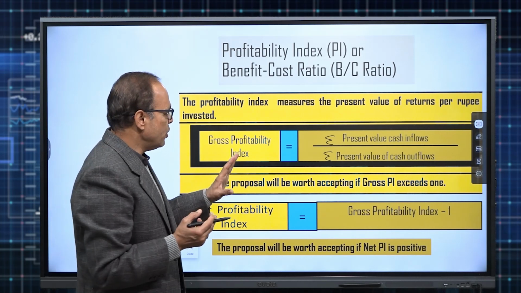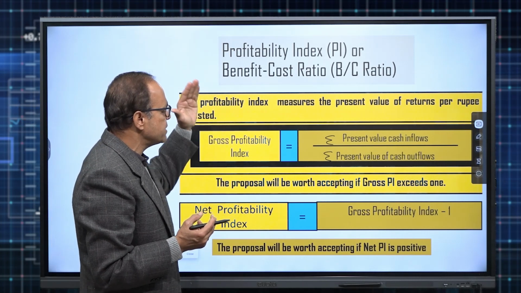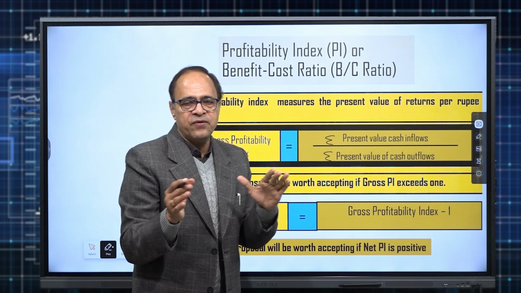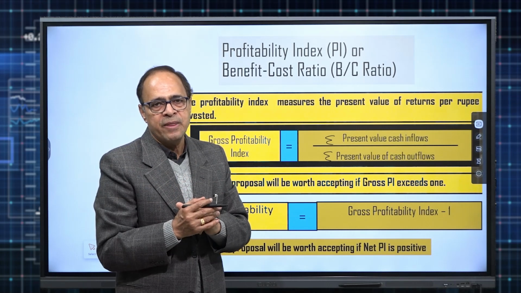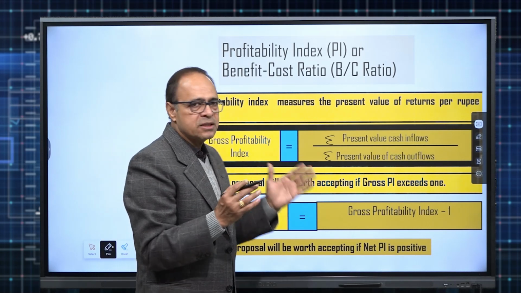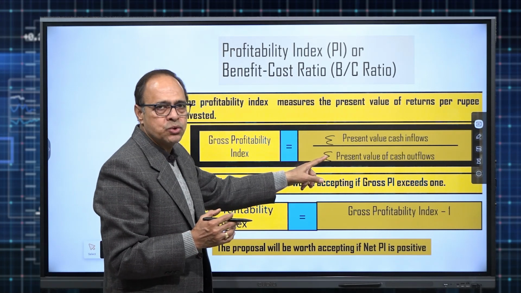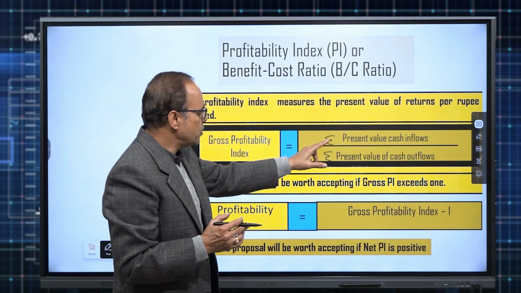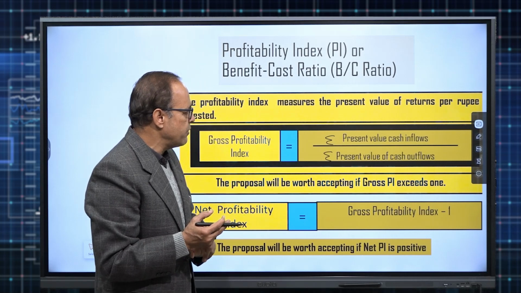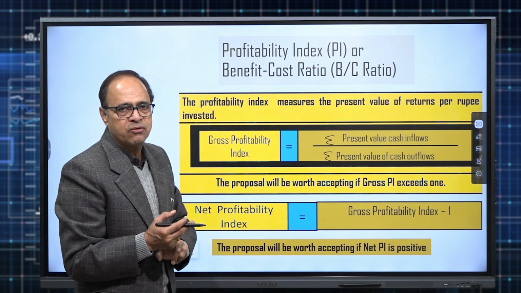It means the only difference between the profitability index and NPV method, with reference to the application of the method, is simply the last step. In NPV, it was the difference between these two. In this case, the sum total of PV of cash inflow is divided by the sum total of PV of cash outflow.